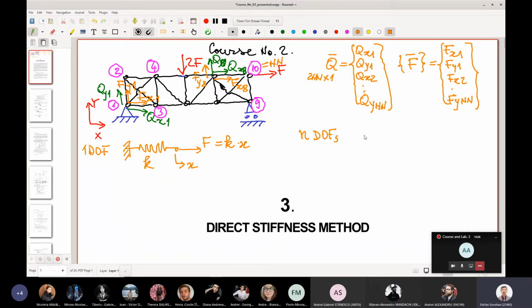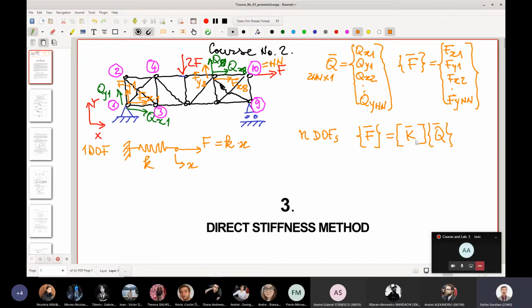So in this case, instead of this relationship, I will try to obtain that the total external applied loads is equal to something times displacement. But we know displacement is this column vector, the force is this column vector, but we don't know this one.